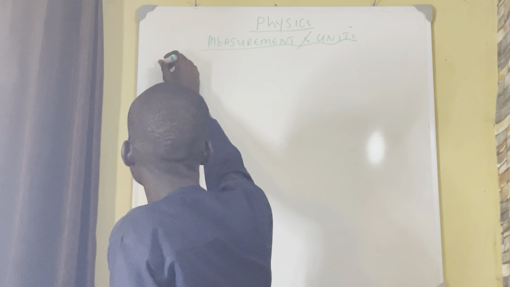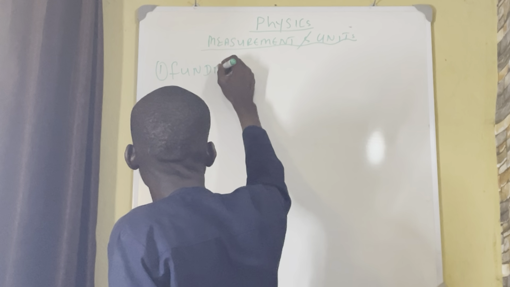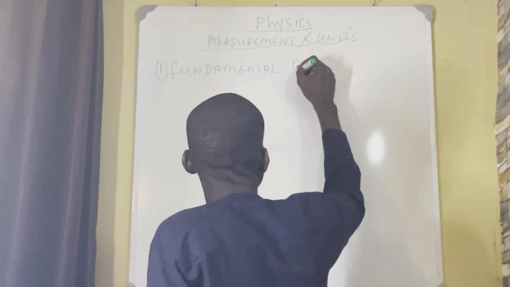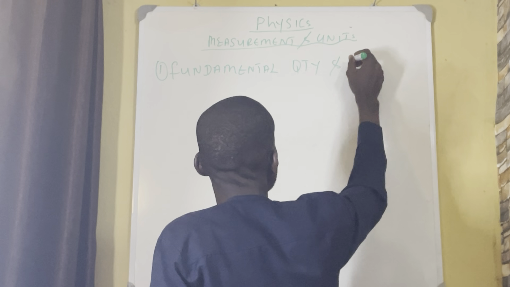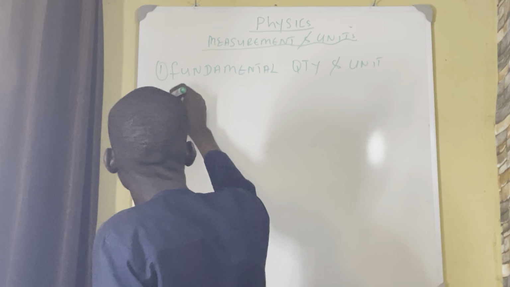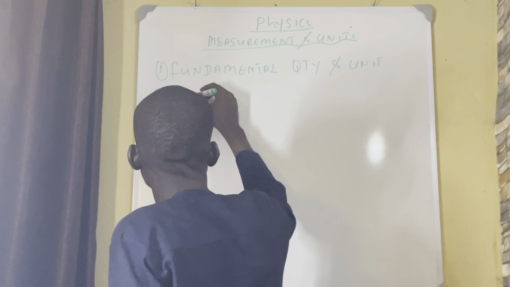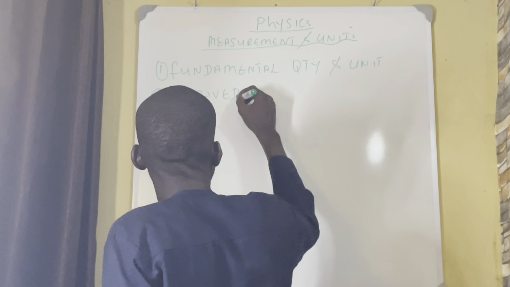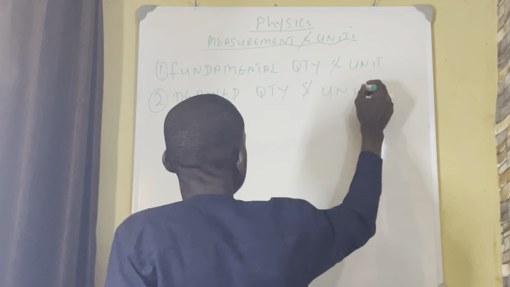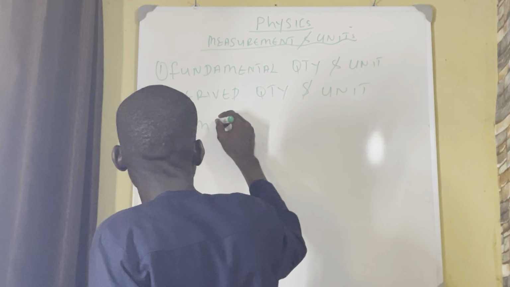We're going to look into one, fundamental quantity and unit, two, derived quantity, three, dimension.